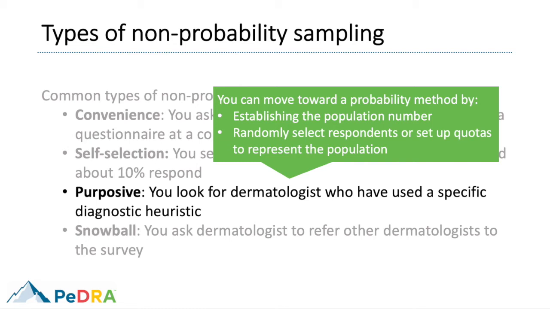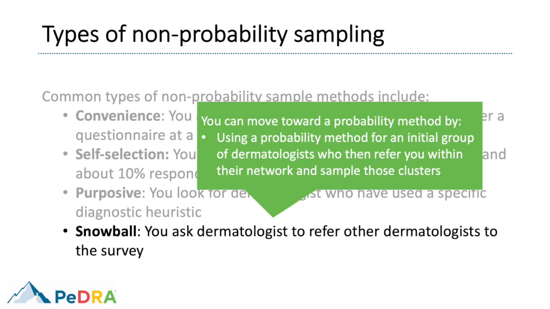From there, you can set up some sort of random selection or quota system to represent those specific respondents. If you are using a snowball or networking approach, you could do your initial selection of the dermatologists randomly and then do cluster surveys around those individuals.